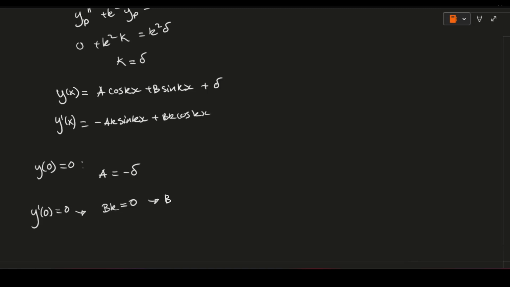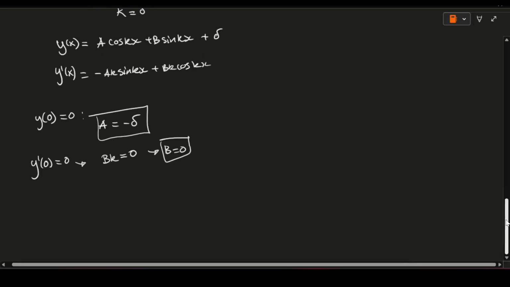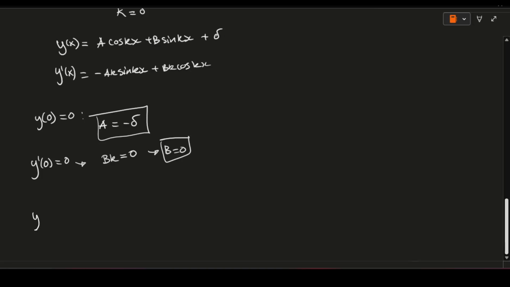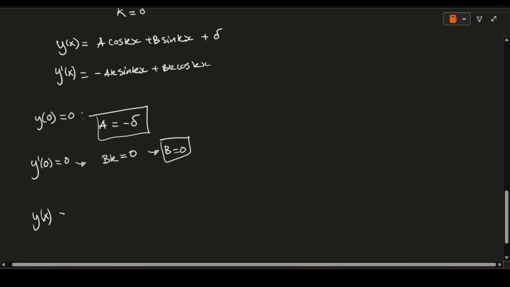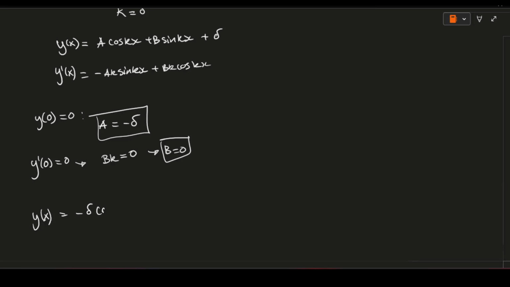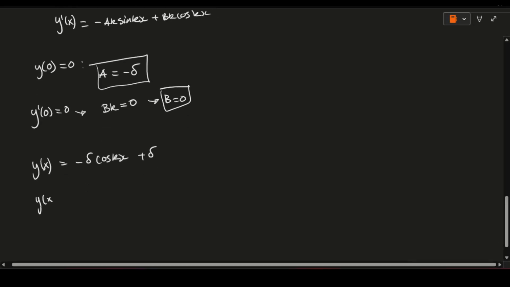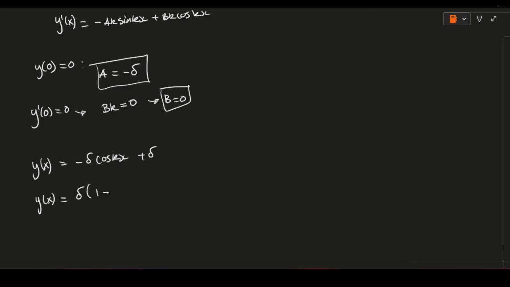And here then B must be equal to 0. Then we can update y of x. That is just minus delta cosine kx plus delta. So y of x, factoring out a delta, is delta times (1 minus cosine kx).